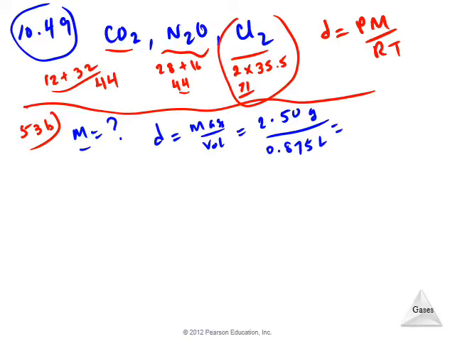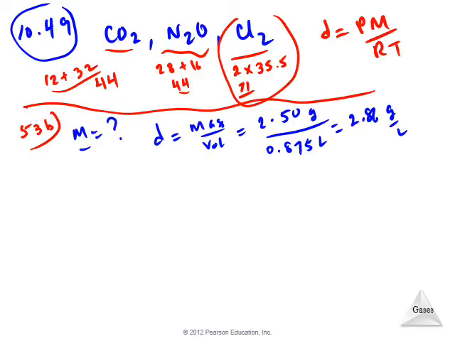And that gives you 2.86 gram per liter. So we already got the density value from the given information.